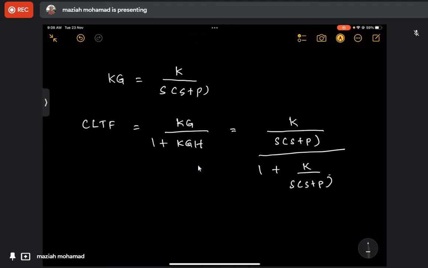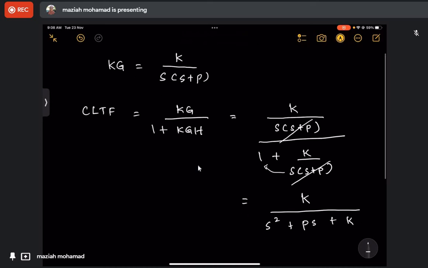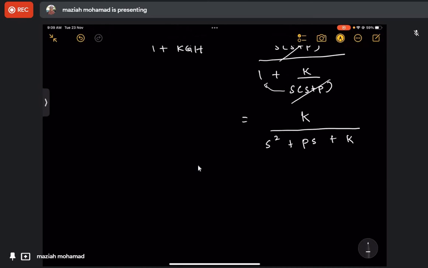Okay, similarly, we can cancel this by multiplying to here. So the closed loop transfer function will become K over s squared plus ps plus K. Okay, so that is the closed loop transfer function.